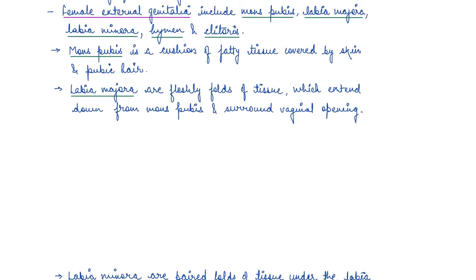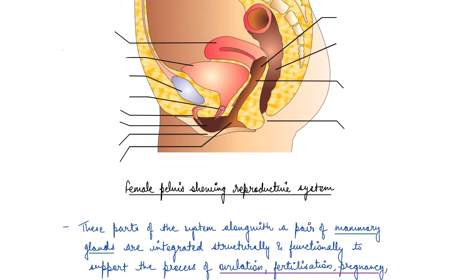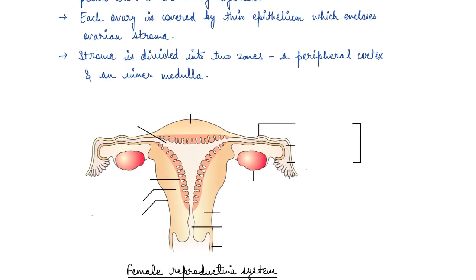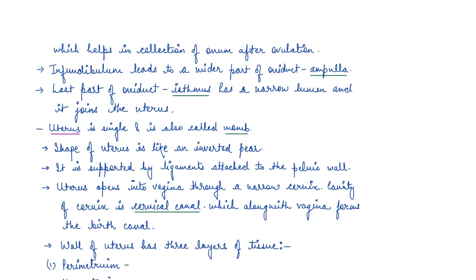So the female external genitalia includes mons pubis, labia majora, labia minora, hymen, and clitoris. So if you see the previous diagram here, the first diagram, we labeled here various layers as labia majora and labia minora, right? So basically these are the part of female external genitalia, right?